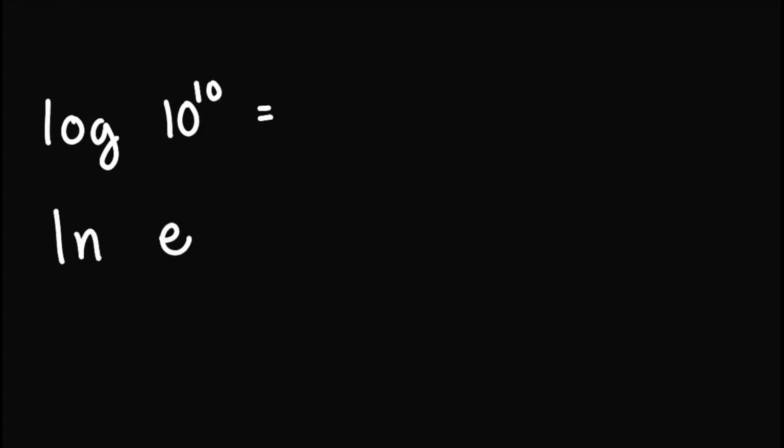Let's go on to our sixth set of examples. We have the logarithm of 10 raised to 10. Next, we have ln of e raised to e. And lastly, we have the logarithm of 5 raised to 5 with respect to base 5.